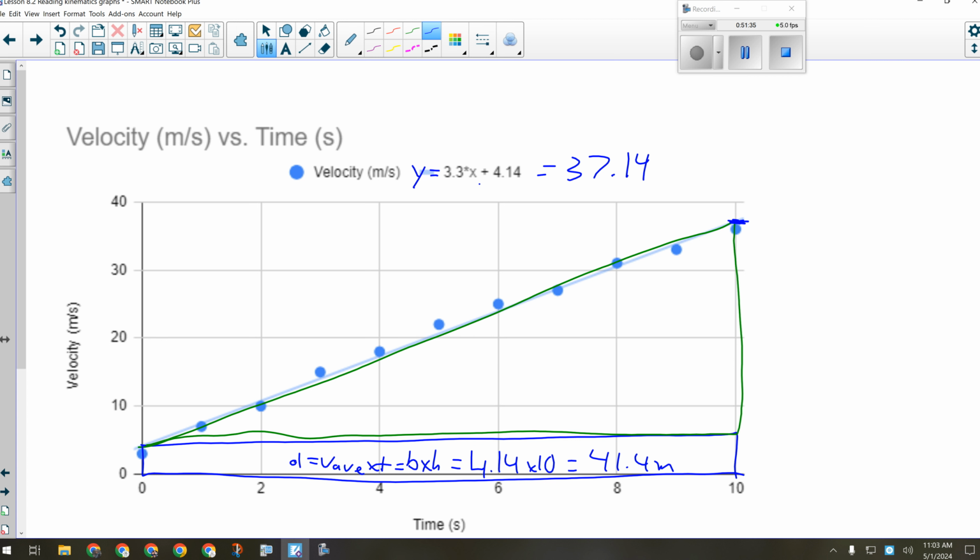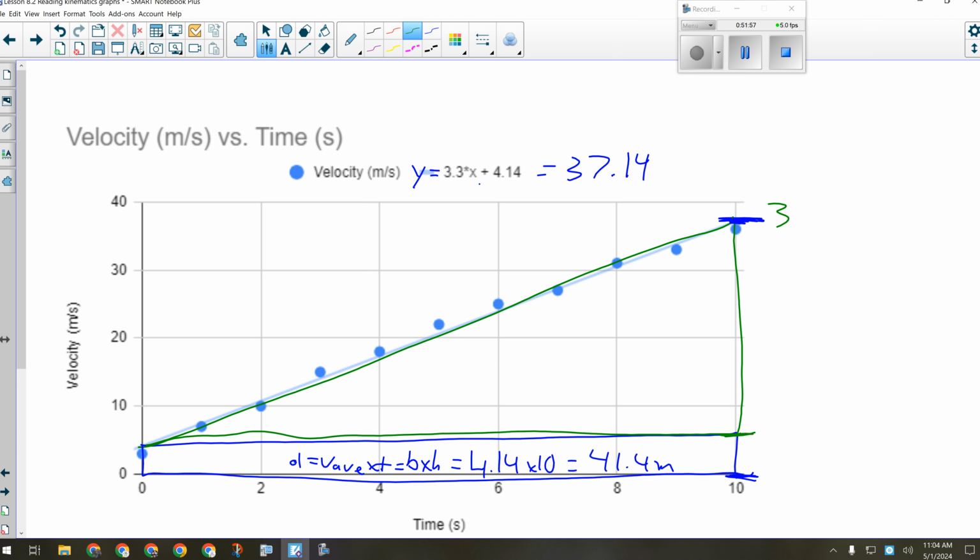But here's the thing. That's the height from here to here. I only want from here to there. Would you agree? The triangle doesn't go all the way to the x-axis. So how high is the triangle? 33, yeah.